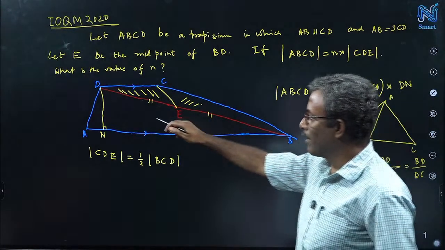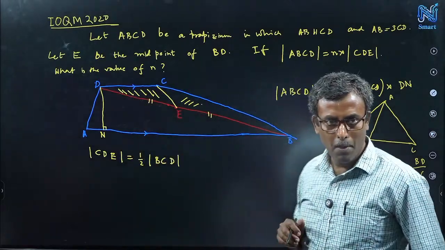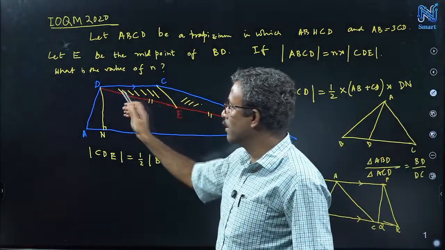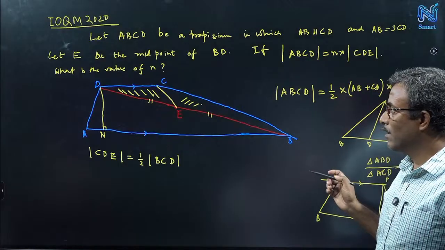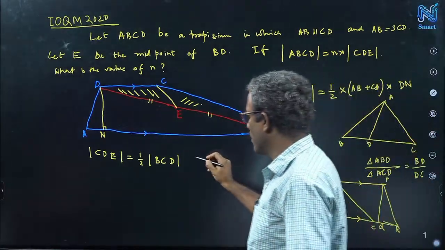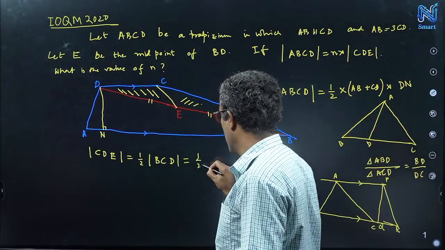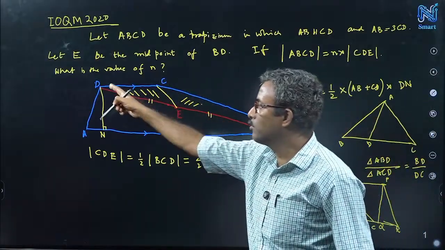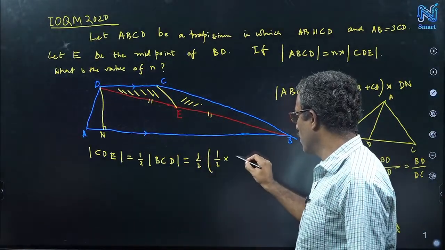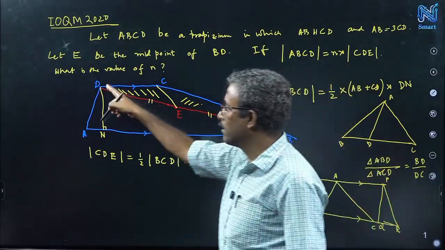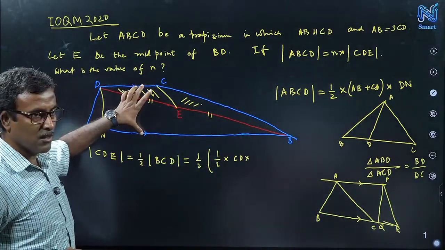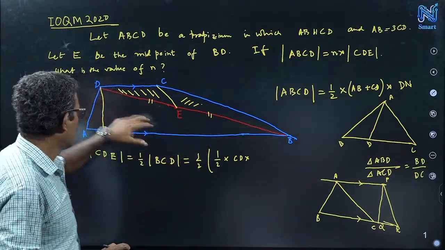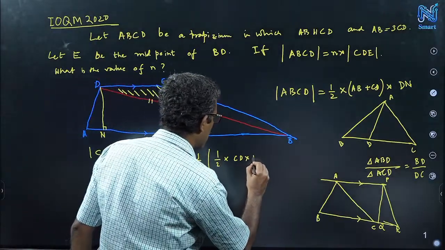Now these are the same parallel lines, right? So what is the area of BCD? Again it is half of base into height. So CD into the height, DN is the height. This is the base, this is the apex.